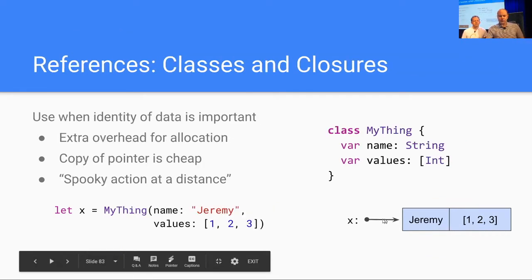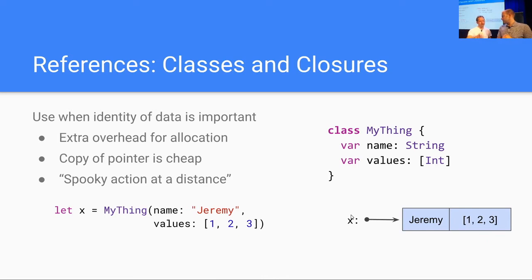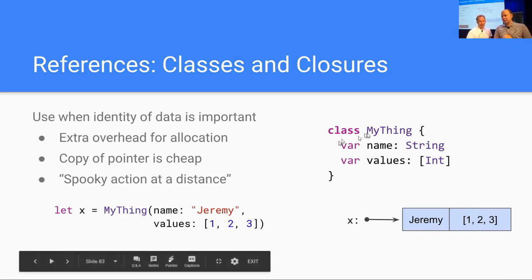How do references work? Well, for references, here I have a class, and the class has a string and it has an integer. And so somewhere in memory, there is a string and there is an array, and they're stuck together, just like with a struct. But now when I say x is actually a reference or a pointer, or just to be clear, an indirection, the reason for that is because you wrote class instead of struct. So by writing class, you're saying, when you create one of these things, please create a reference, not a value.